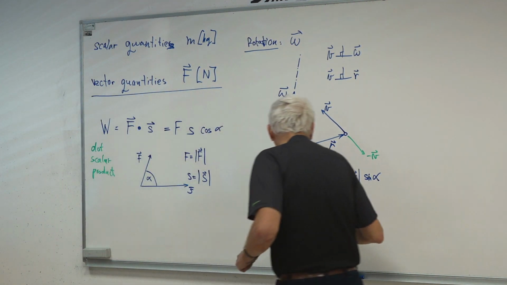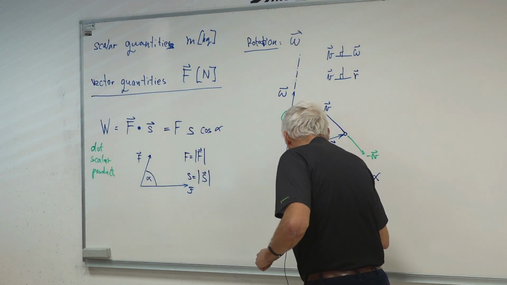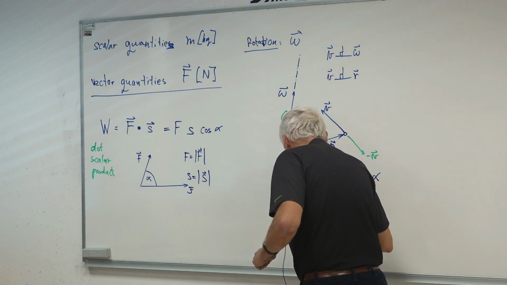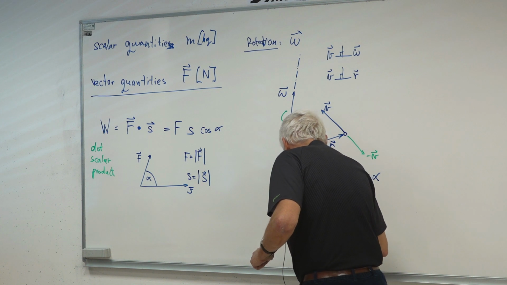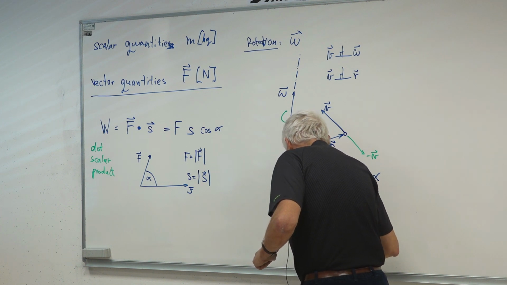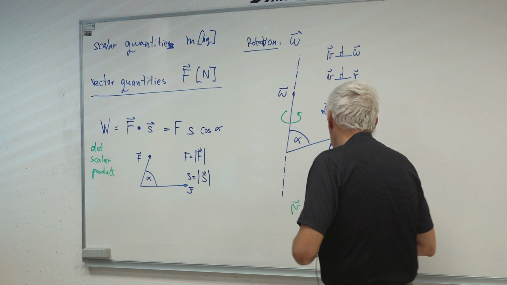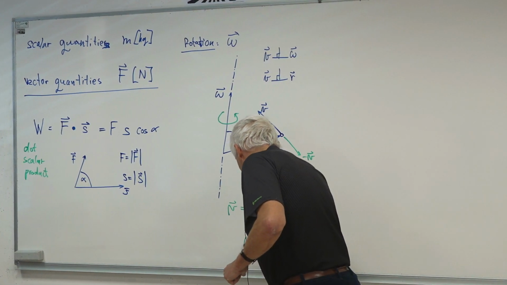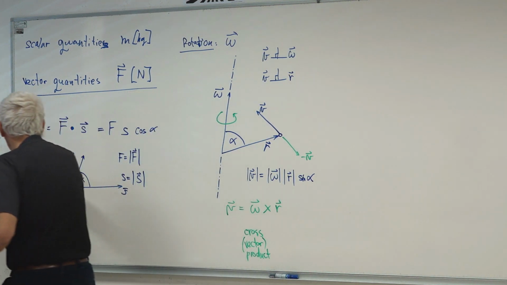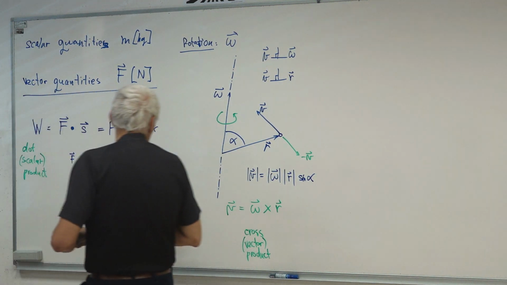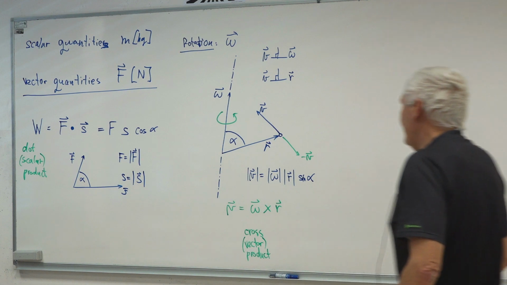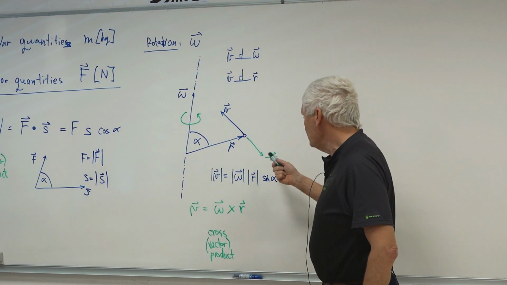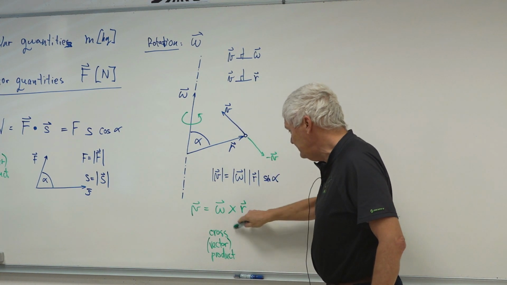Americans call this the cross product, or vector product. Don't say vector to the Americans because they don't know what it is. They only know the cross. Never use this word. And if we calculate this product correctly, also the sign of the velocity is hidden in here.